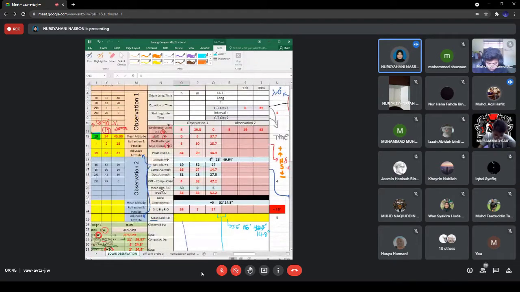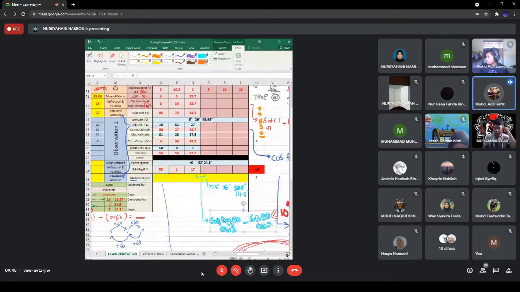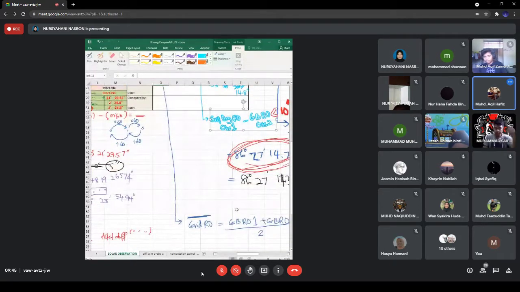Dia punya formula adalah true RO plus or minus with convergence, and you will get grid bearing RO. Mean ni mean. Plus ke minus? Plus. Kita nak dapat purata.